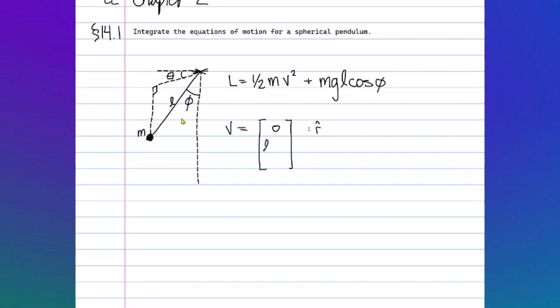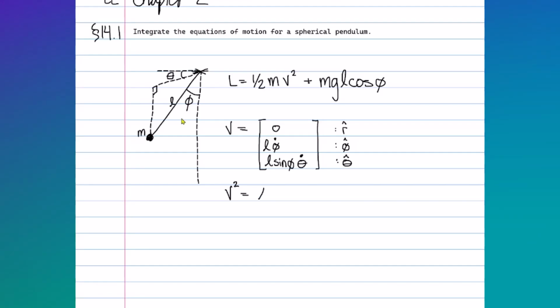And here we can calculate what the velocity is using our phi and theta coordinate system. So this vector is the velocity in the r phi theta coordinate system itself, and its magnitude is easy to calculate.